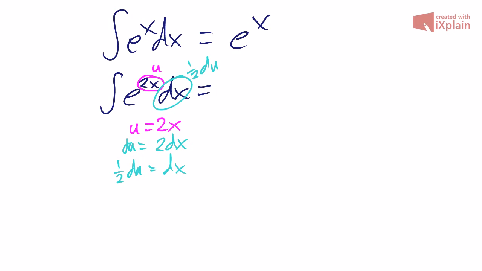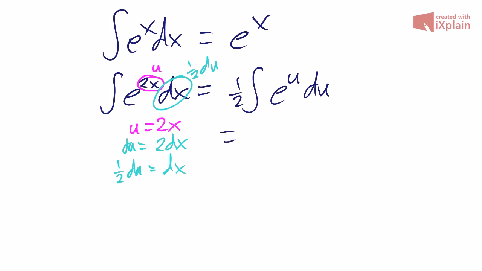Okay, so that makes the integral. I have the integral of e to the u. So now there's my u substitution. And now dx gets changed to 1/2 du. We usually like writing the constants out front.